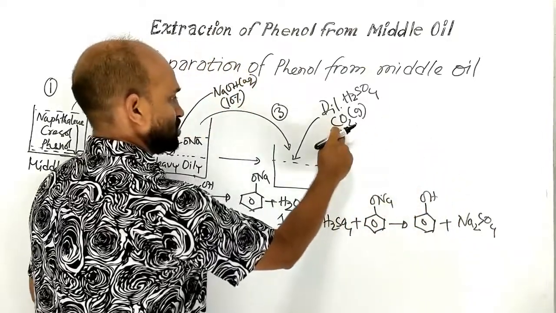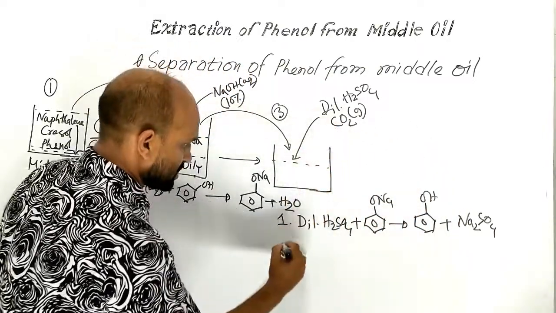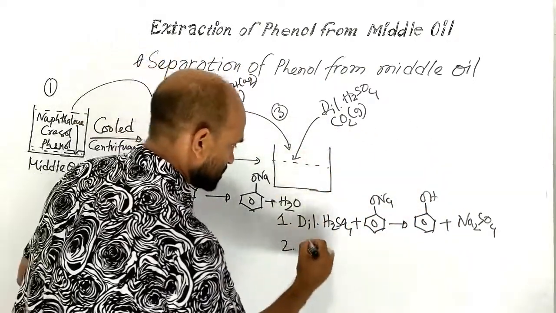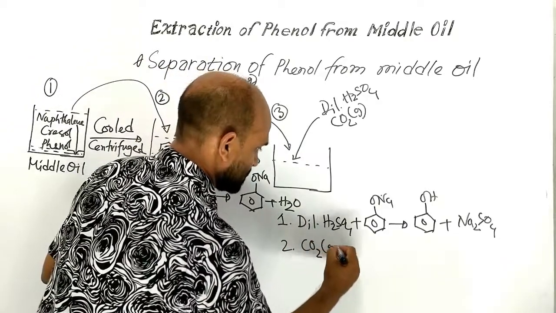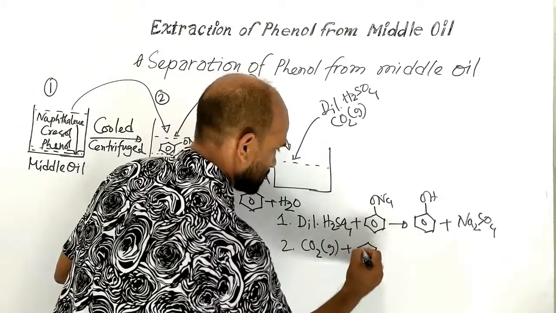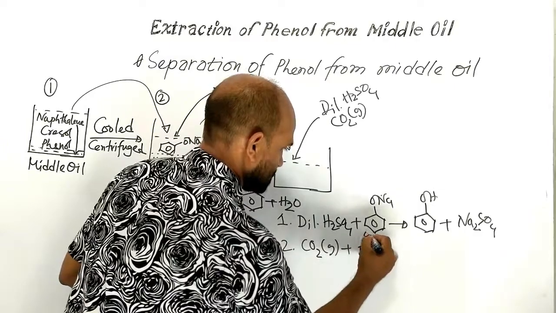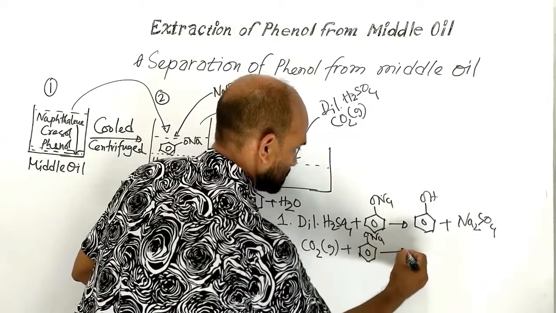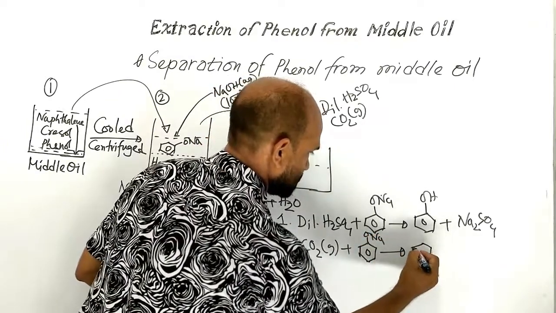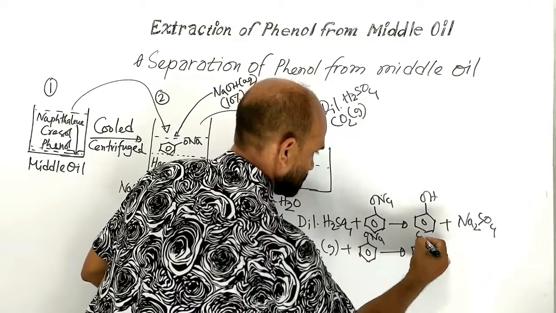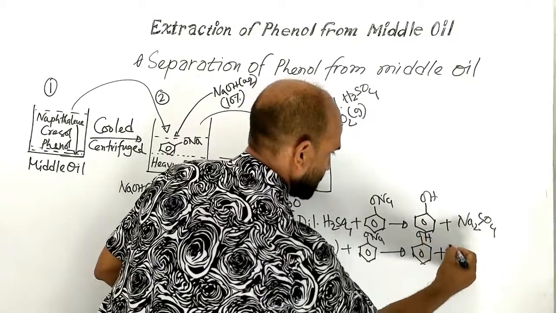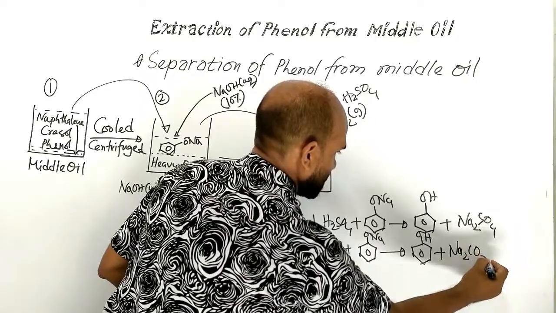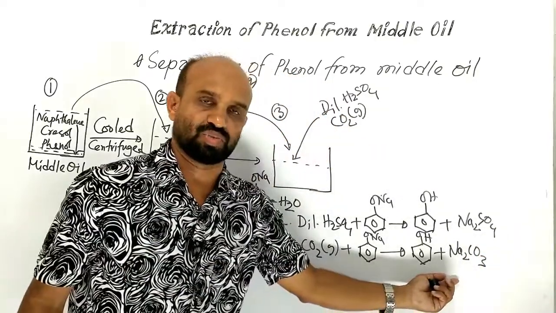But when carbon dioxide gas is passed through this solution, then carbon dioxide reacts with sodium phenoxide to form phenol, and sodium carbonate is formed as byproduct.